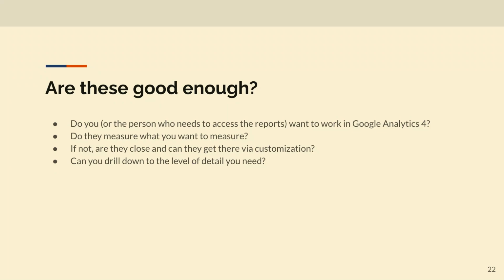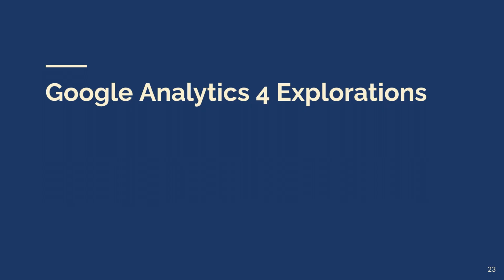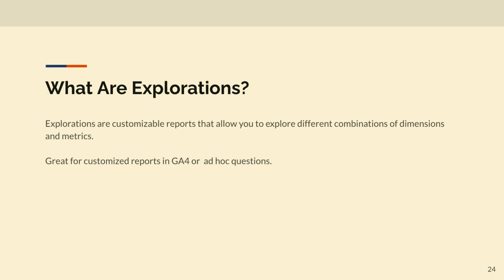So this would be a good place to do this. Another is if the report is close and you can do a small thing like this, then this might be a good place for it. And can you drill down to the level of customization you want? Not always the case. So moving on to explorations, because I've been talking too much, I'm running low on time.